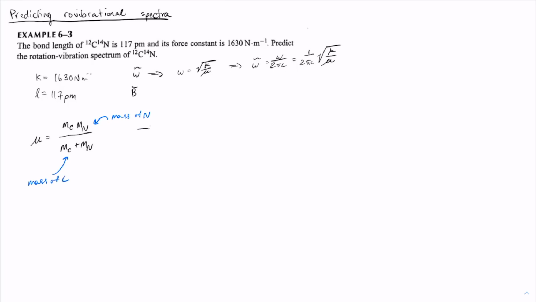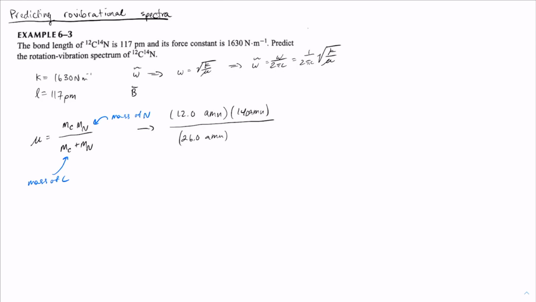If we plug in values, starting by just using atomic mass units, the mass of carbon is 12 AMU and nitrogen is 14 AMU. Then at the bottom, we can easily add them together, and this should be 26.0 AMU.